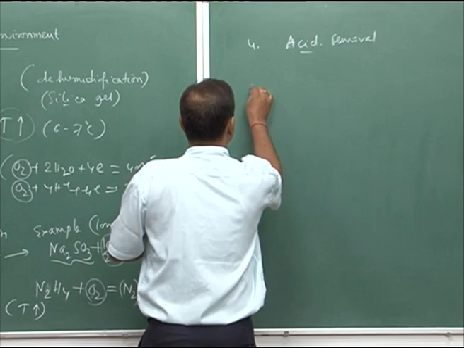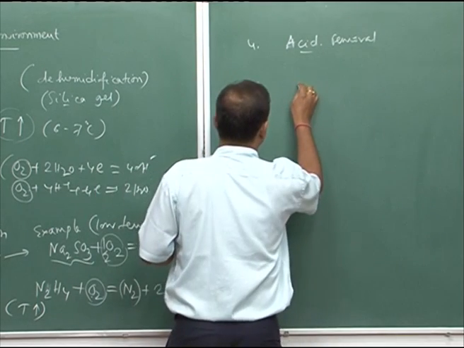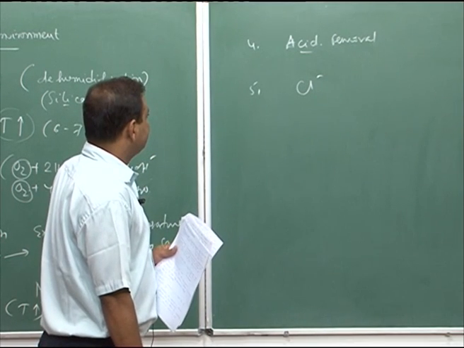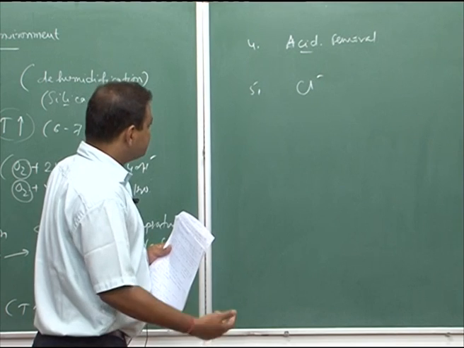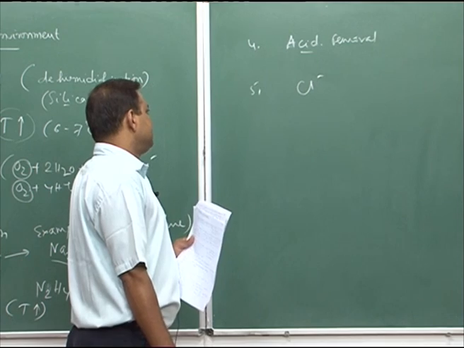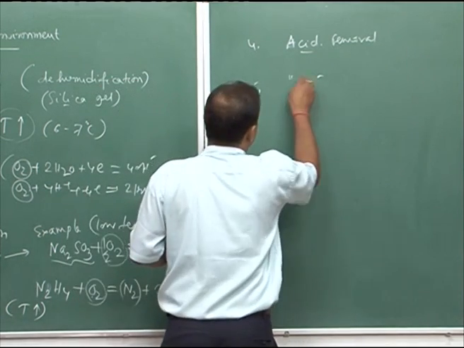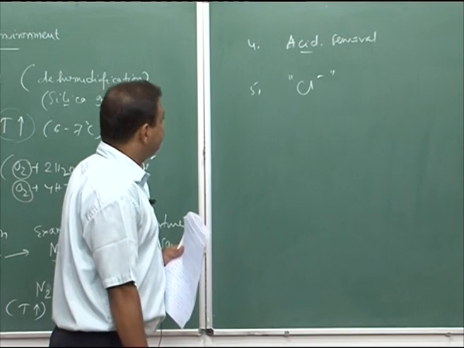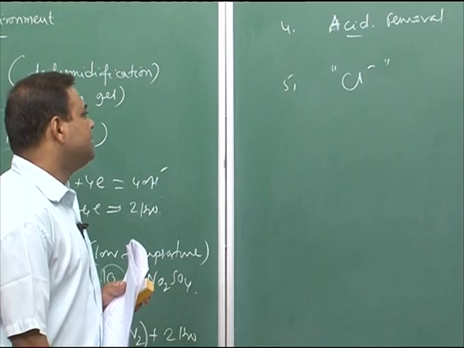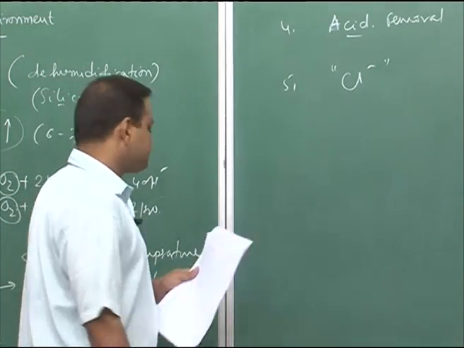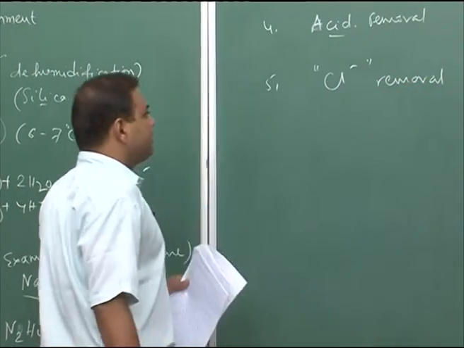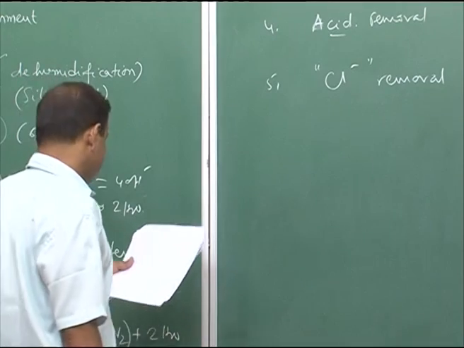We can also get rid of chlorine ion, since chlorine ion is a very active ion, which leads to pitting or crevice corrosion in a particular system, and it also acts negatively to the passivity. So, if we have chlorine ion, then passive layer formation will be delayed. If we remove this, we can also increase the corrosion resistance.